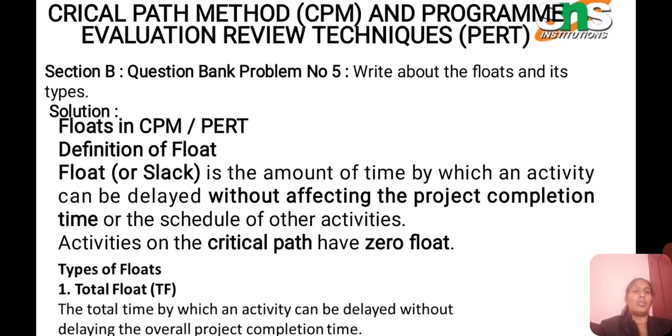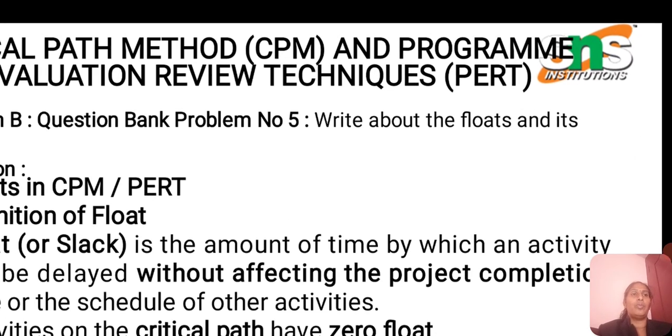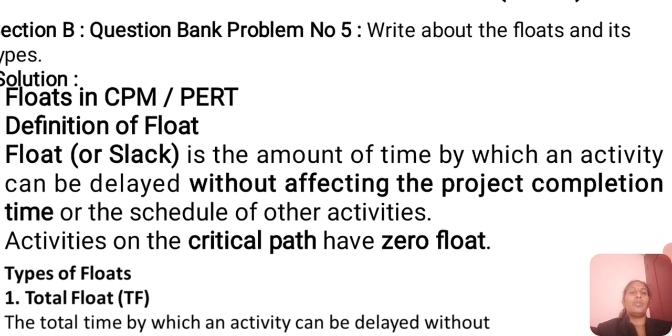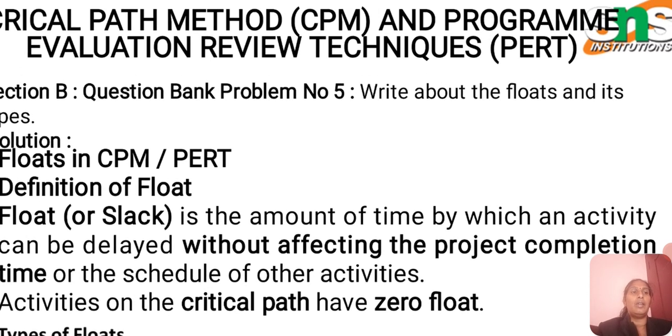It is important in the calculation of the critical path. Usually they ask you to find the critical path as well as the total float and free float. The activities of the critical path we can mark as zero float.